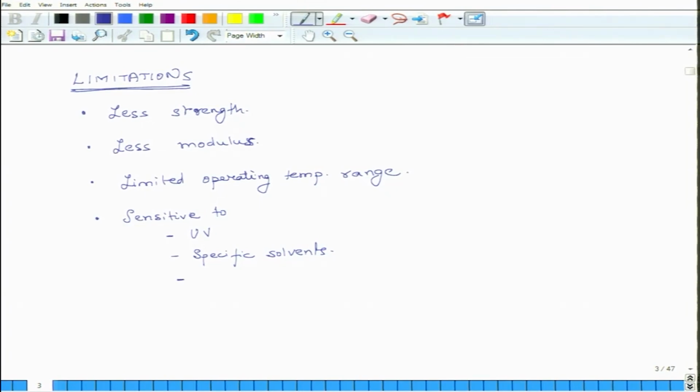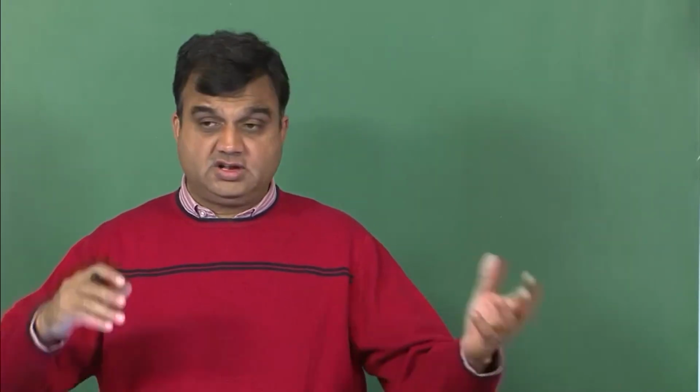And several of these materials, they also are sensitive to humidity. What does that mean? For instance, nylon, it absorbs a lot of moisture. So, you have a composite, it will have some volume and you put it in moist air and slowly it absorbs moisture, and because of moisture absorption, the overall shape starts deforming because of internal stresses which it develops.